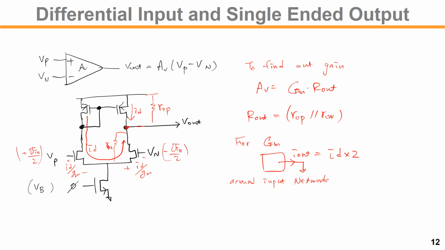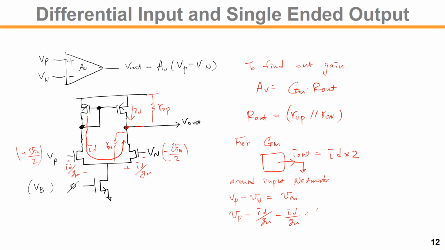For simple calculation. And then around the input network, we can say that Vp minus Vn will be V in, right? So starting from the Vp, that would be minus ID over GM, additional minus ID over GM.